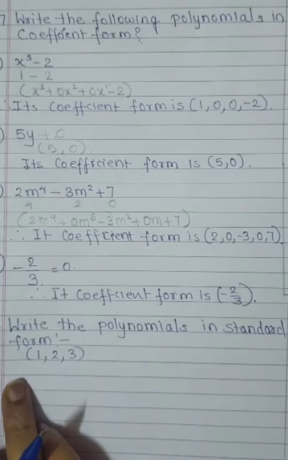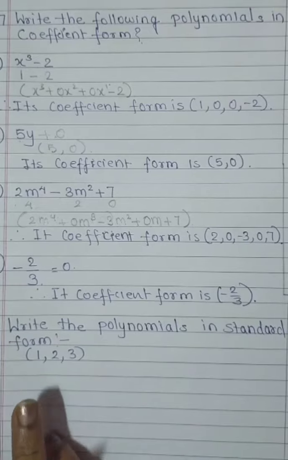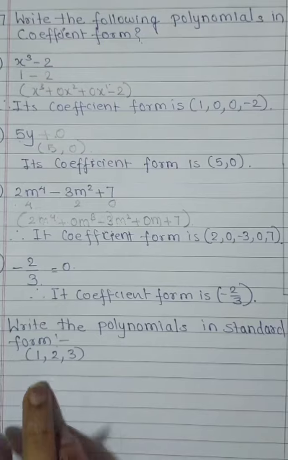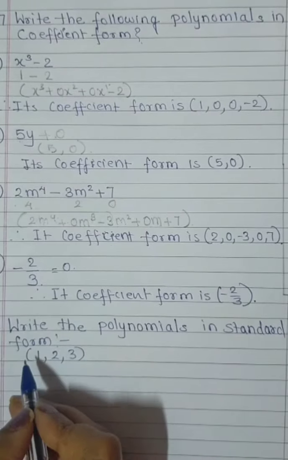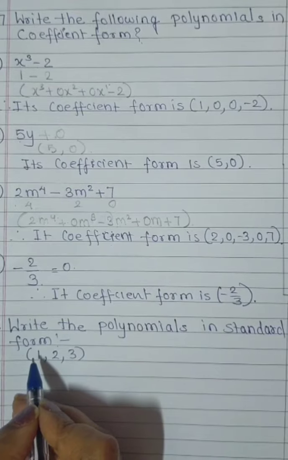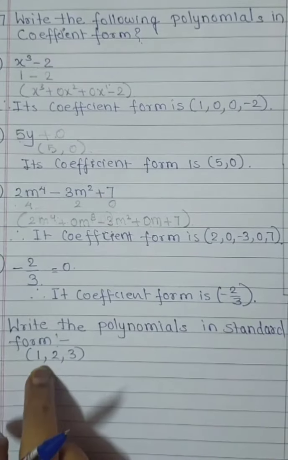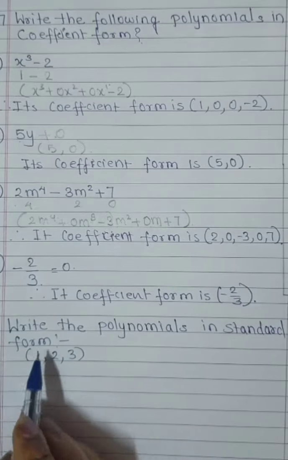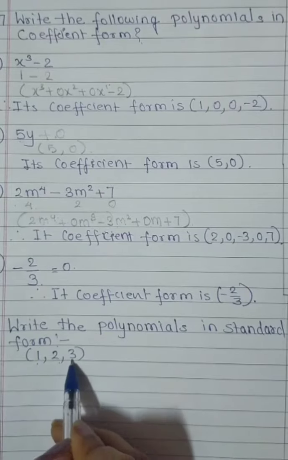See, we have already solved question number 6 of practice set 3.1. It's just the reverse question of question number 6. Now here, as you can see, what is given? 1, 2 and 3 is given.